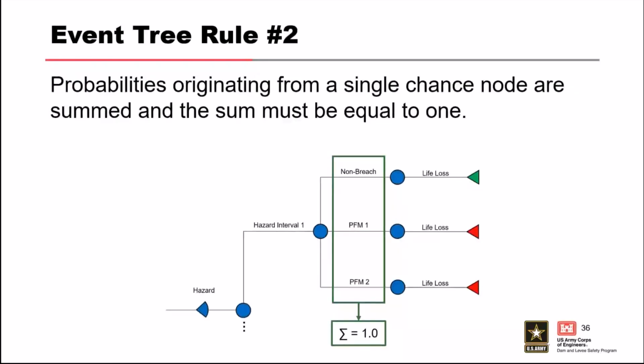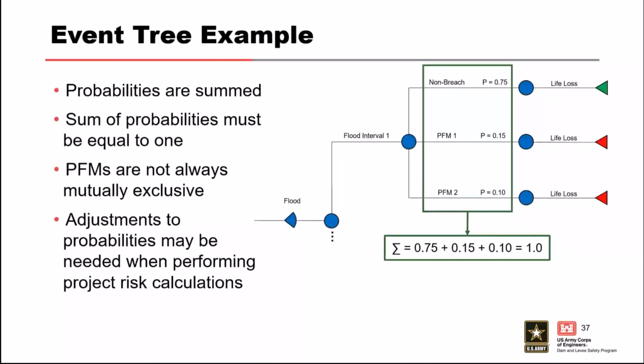Our second event tree rule is that probabilities originated from a single chance node are summed, and the sum of those probabilities must be equal to 1. So let's look again at our example event tree.